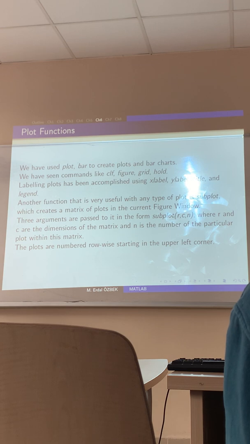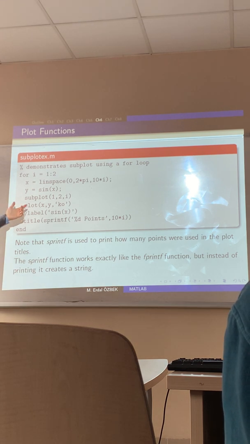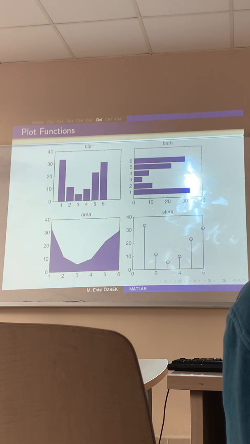So we have the other functions of plot, bar chart. You see also the subplot. So what is subplot? It makes a matrix of plots, right? And it gives you the rows and columns and the number of which one, 1, 2, 3, 4, according to the function.